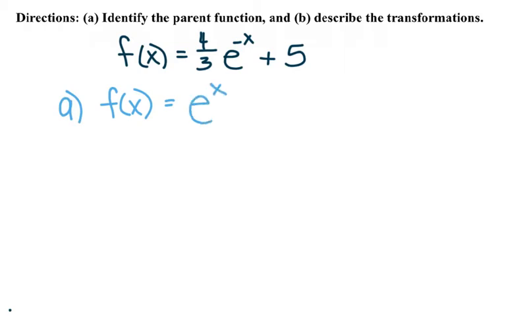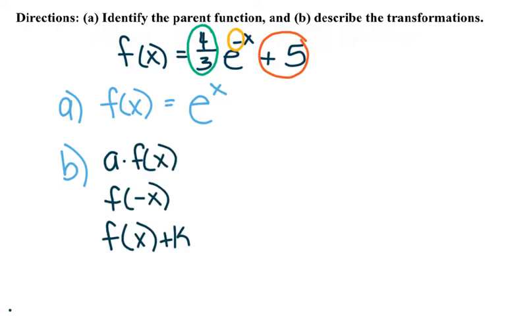So just a base e, because remember base e is a number. So that means that the 4/3 has done something, the negative in front of the x has done something, and the +5 has done something. So when we do part B, we have to list what each of those parts did. And you can look back at the rules, and you can also graph them if you need to.